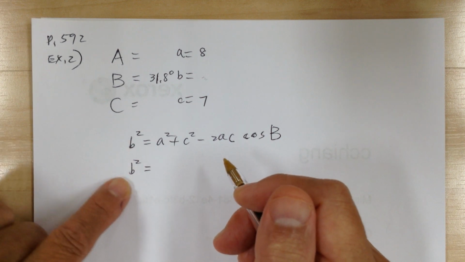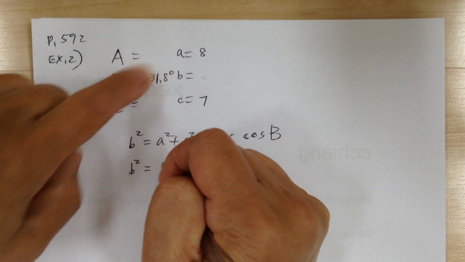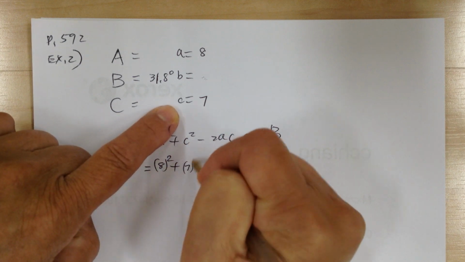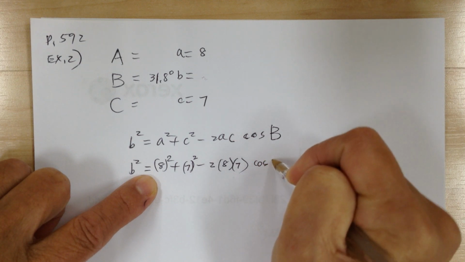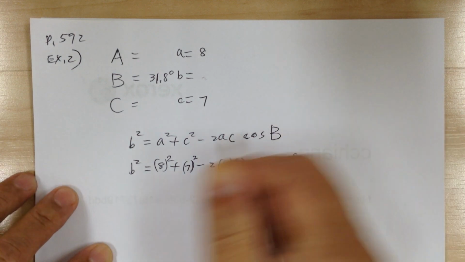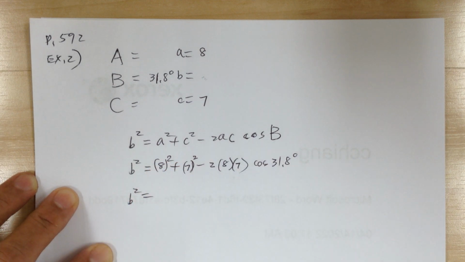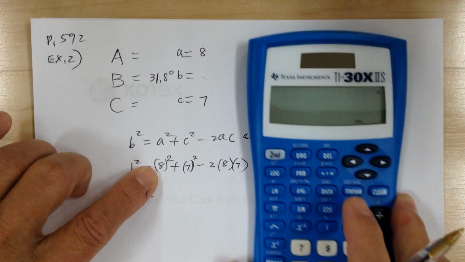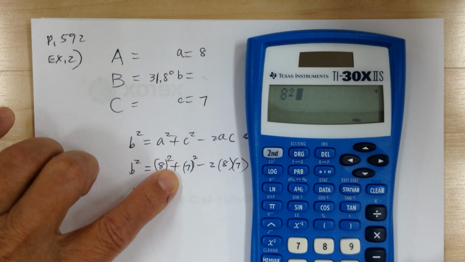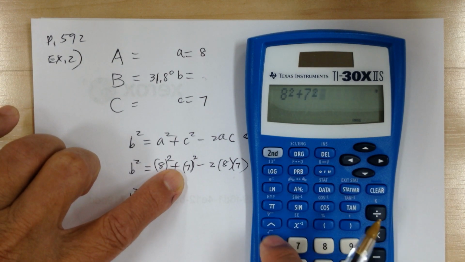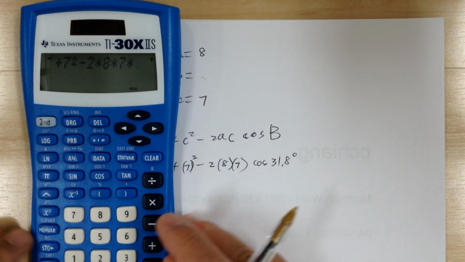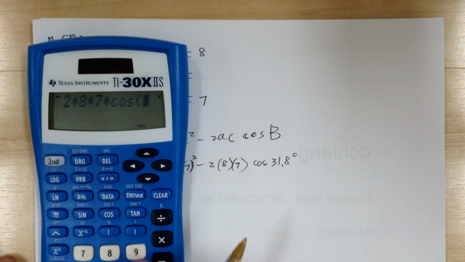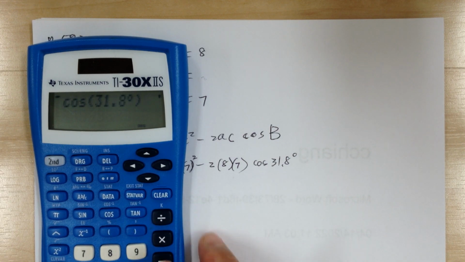So substitute: a is 8, c is 7, 2ac cosine of 31.8 degrees. So b squared equals, this is kind of nice, you can just enter whatever you see. So you've got 8 squared plus 7 squared minus 2 times 8 times 7 times cosine of 31.8 degrees, and push equal.